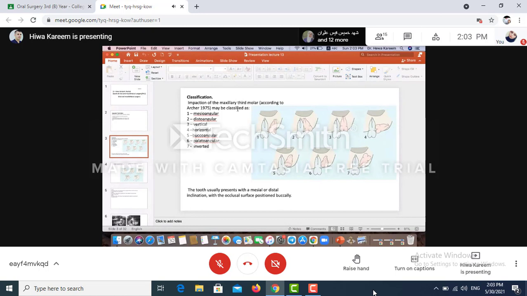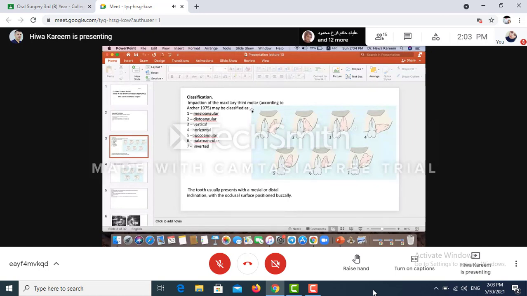The classification is the same as lower wisdom tooth, and classification of upper maxillary third molar is the same as the mandibular third molar.